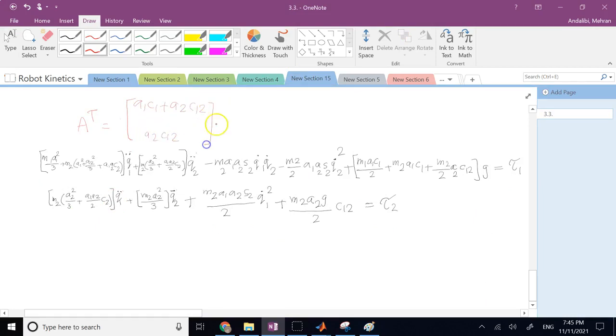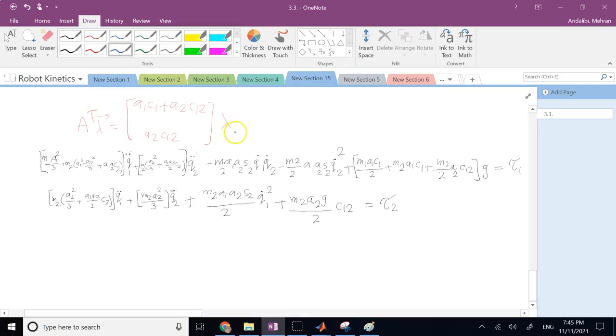This thing is multiplied by vector lambda. But here you only have one lambda because you have one constraint. So since I only have one lambda, I can say this is just times lambda, or lambda 1 you might call it, doesn't matter.